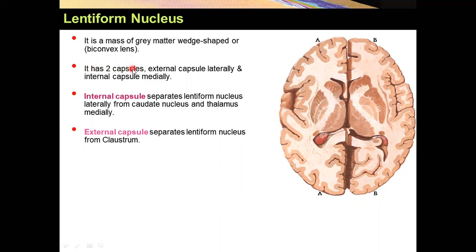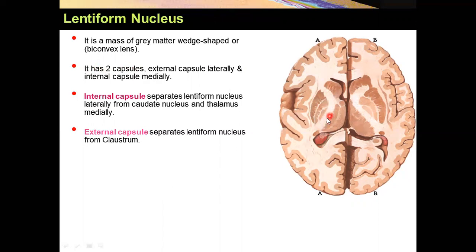It has two capsules. One is the external capsule located laterally, which separates lentiform nucleus from the claustrum here. And there is the internal capsule located medially.